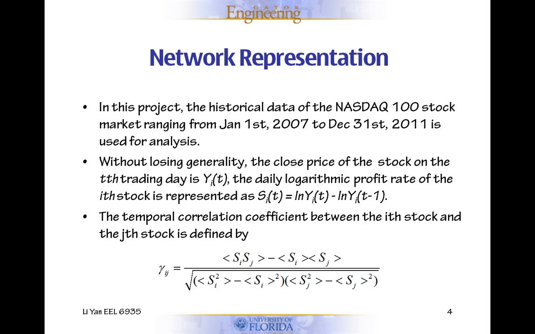The temporal correlation coefficient between the ith stock and the jth stock can be represented with the equation below, where S sub i is the average profit rate of the stock during periods, and S_i S_j is the average of the multiplications of the profit rate of stock i and stock j during the same period.